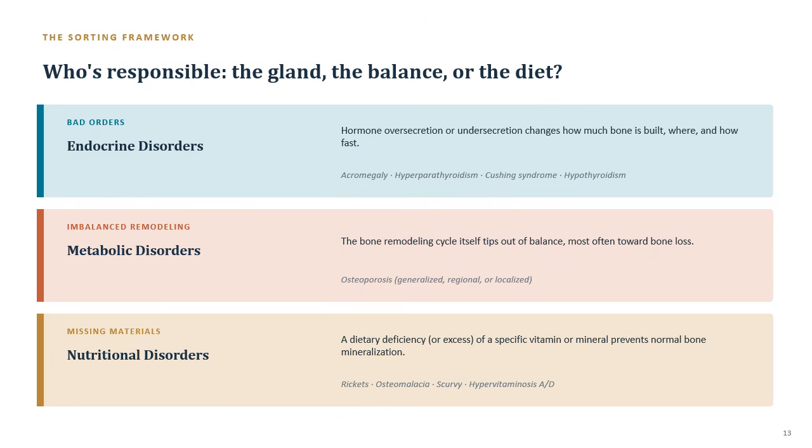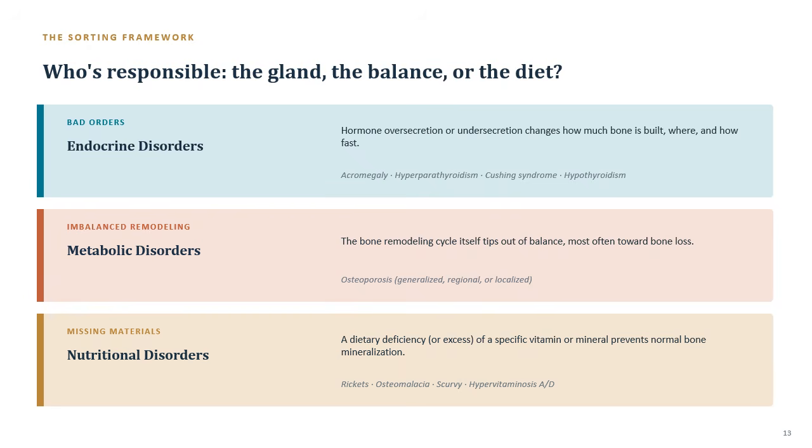The first bucket is, the skeleton is giving bad orders, or the gland involved in producing the hormones for the body or skeleton to function properly is either not signaling enough, not producing enough of the hormones, or producing too much of the hormones. Conditions that fall into this category are acromegaly, hyperparathyroidism, Cushing syndrome, and also hypothyroidism.